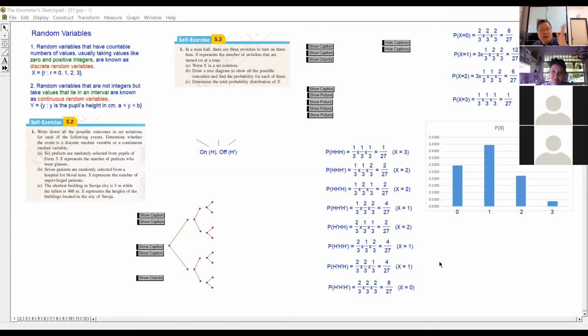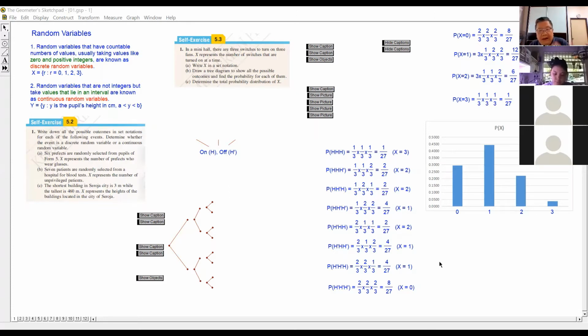No. So the height of the students in your class is a continuous random variable, from 135 until 180. It is between two numbers, but it's not necessarily 135, 136, 137. It can be decimals, it can be fractions in between these numbers. So it can be any real number between these two numbers.